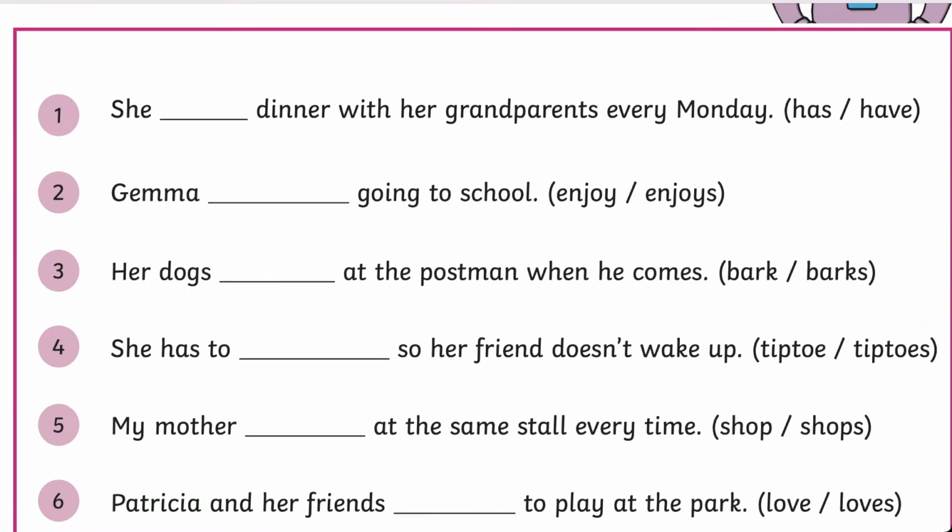She has dinner with her grandparents every Monday, or she have dinner with her grandparents every Monday. In this case, if you are around individuals who really do speak grammatically correct, you can know the correct answer here just because you know it sounds correct. Gemma enjoy going to school, or Gemma enjoys going to school.